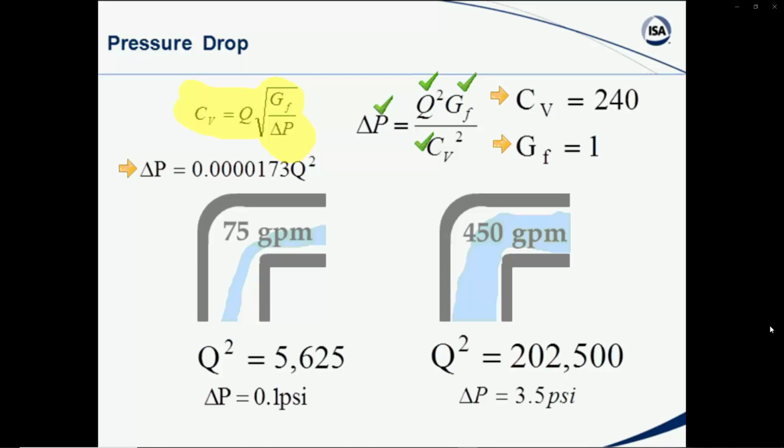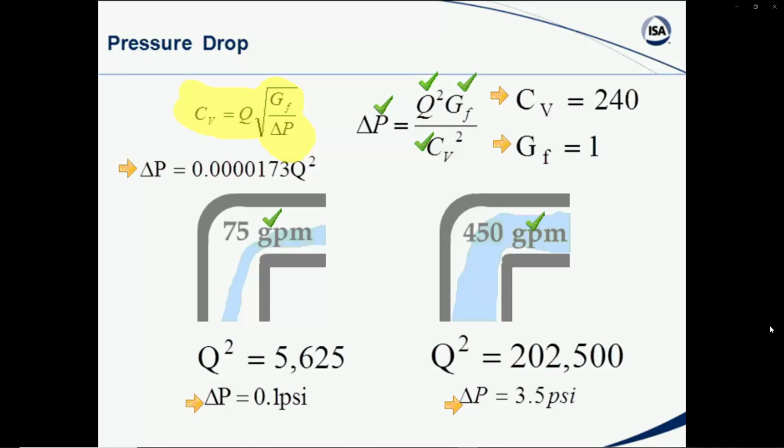So if we take this circumstance and say we have to control from 75 to 450 gallons per minute, and we do the calculation of the pressure drop through this elbow, we'll have 1/10 of a pound drop at 75 gallons per minute, but we'll have a 3.5 pound drop with a flow rate of 450 gallons per minute.